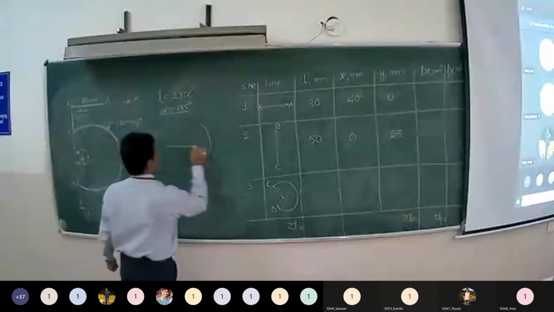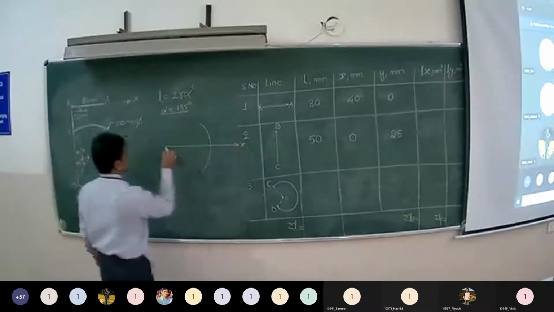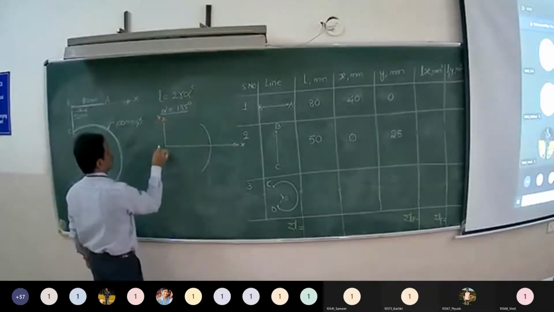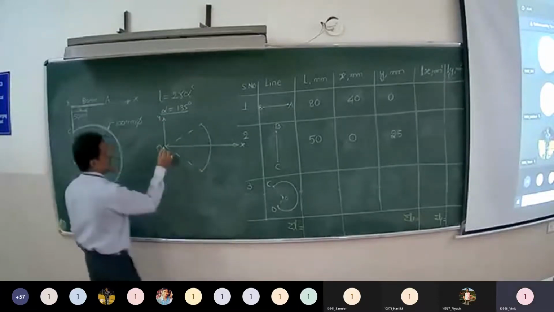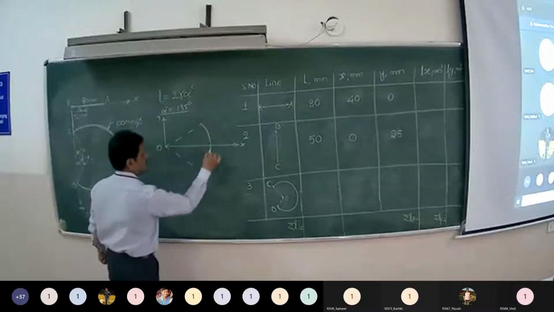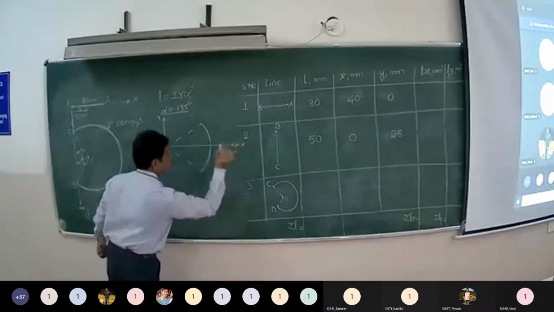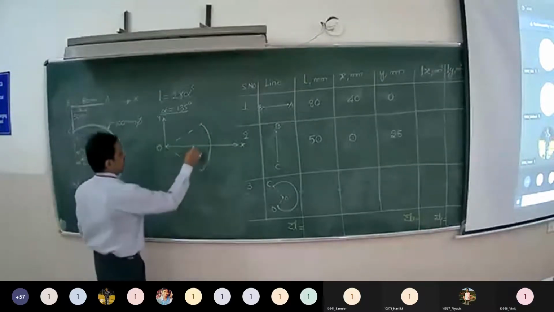See, if you refer to the formulas, we have this circular arc here. It is symmetrical about this axis. So the centroid will be located on the symmetrical axis.